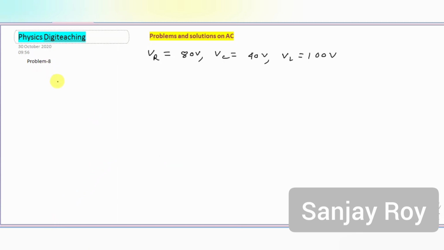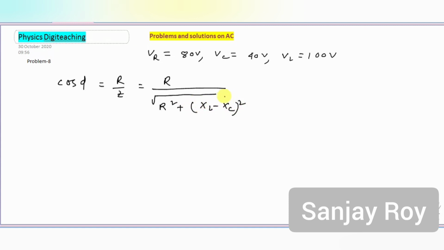We know the power factor cos phi equals R by Z, that is R divided by the root of R square plus XL minus XC whole square.